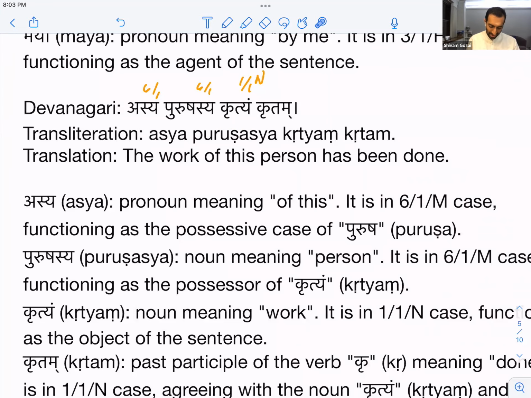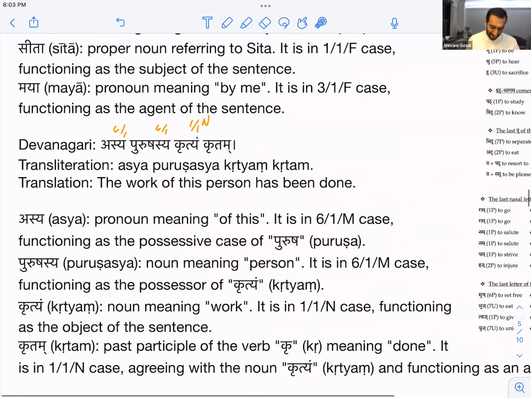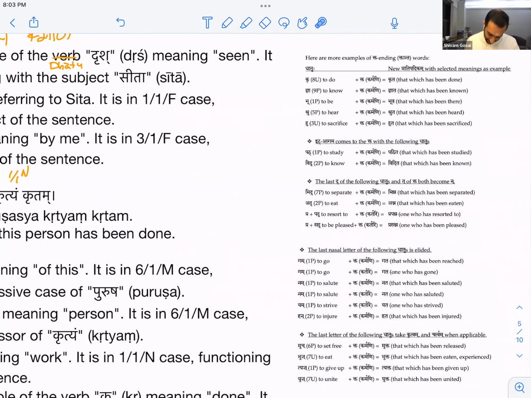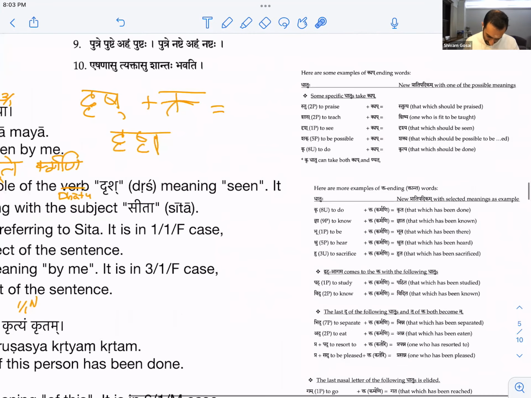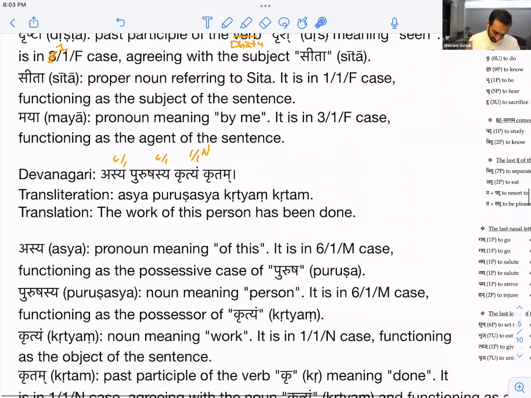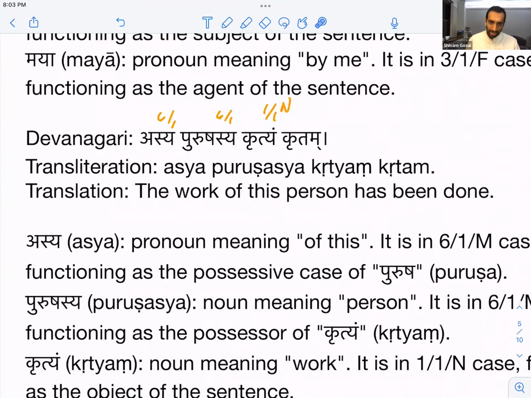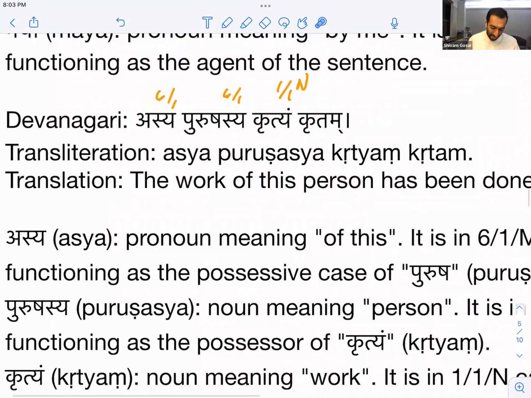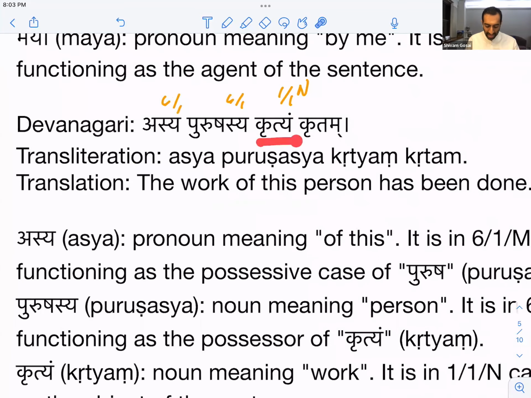Okay. So if we look here, that which should be done of this person. In Sanskrit, the word kritya, that which should be done, can refer to anything which should be done naturally, right?